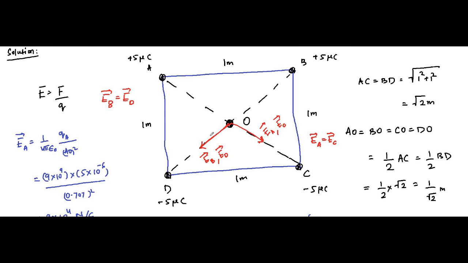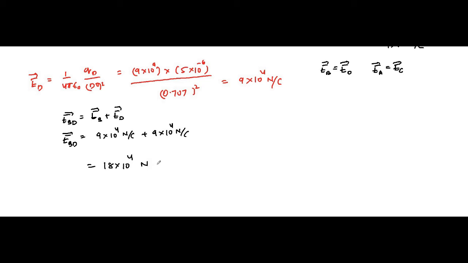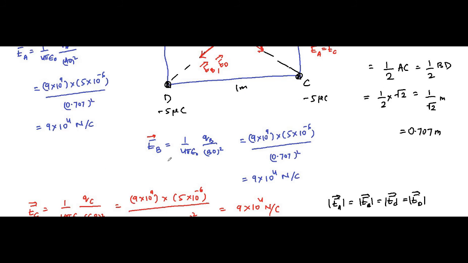So the resultant vector EBD is equal to 9 into 10 to the power 4 Newton per Coulomb plus 9 into 10 to the power 4 Newton per Coulomb. Why? Because EBD vector resultant is equal to EB vector plus ED vector. They are in the same direction, so that is 18 into 10 to the power 4 Newton per Coulomb. That is the EBD vector.